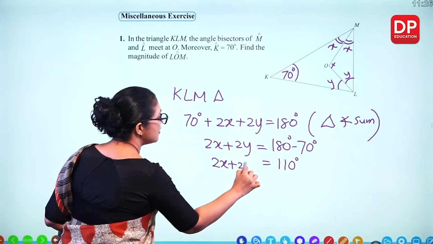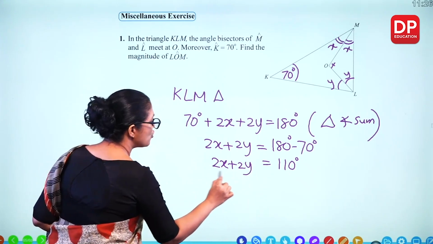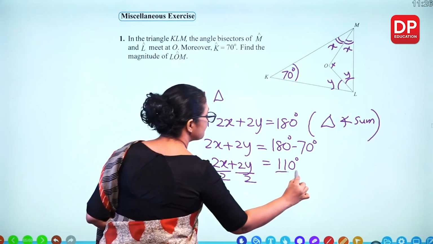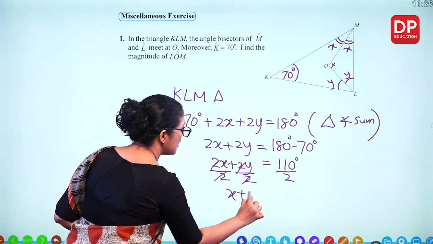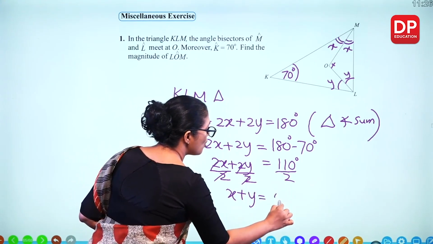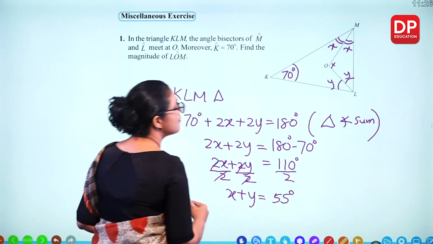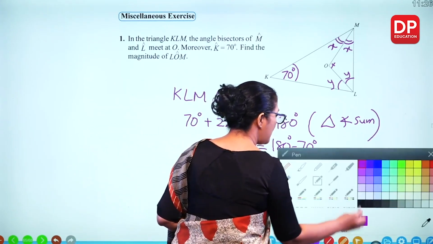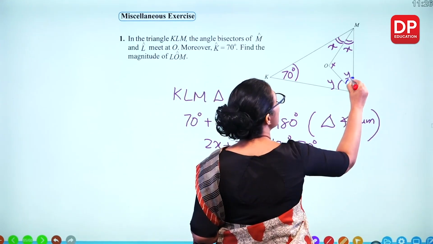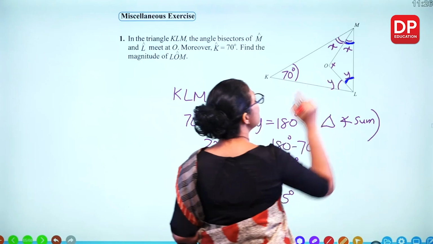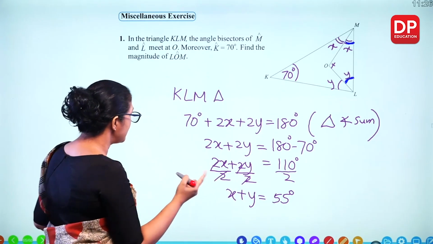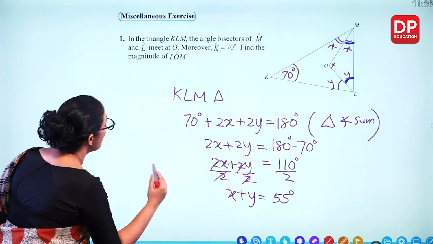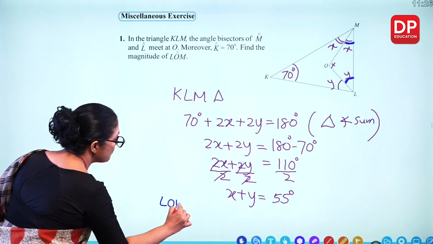Now divide the whole equation by 2. What do you get? X plus y is equal to 55. Now look at this carefully. These two angles sum to 55. Now you can find the MOL angle. So what's MOL or LOM angle?